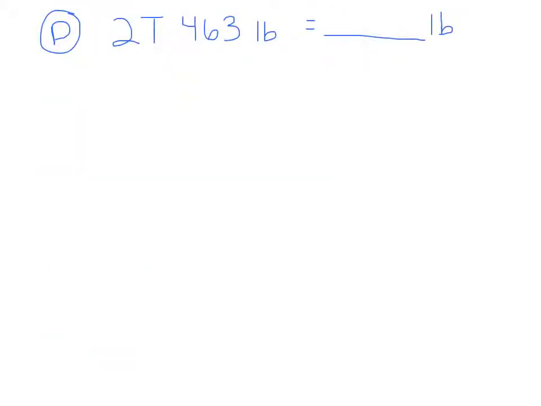Okay, on this problem again, we have a combination of tons and pounds to begin with. 2 tons, 463 pounds. Now in this one, it's not a fraction, so we don't have to break apart that fraction quite yet. All we're going to do is figure out tons and pounds is what we're looking at. So looking at your mathematics chart, I see that 1 ton is equal to 2,000 pounds.